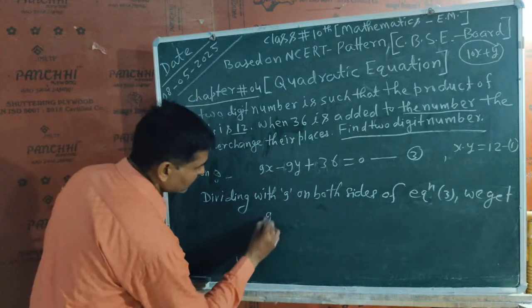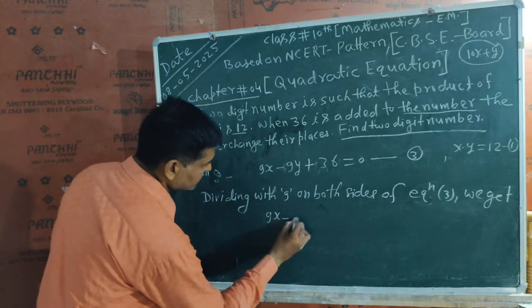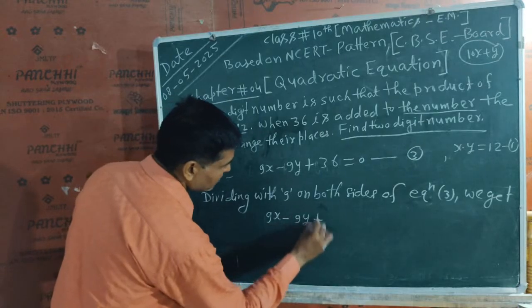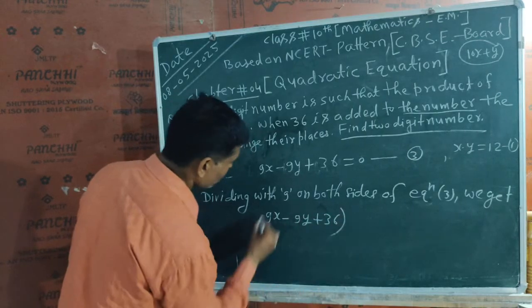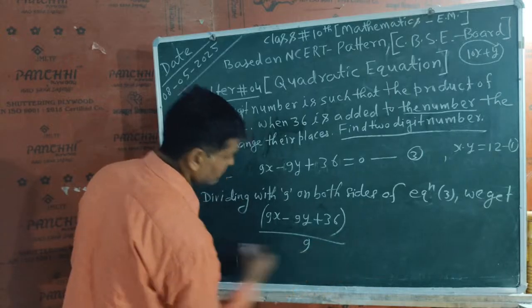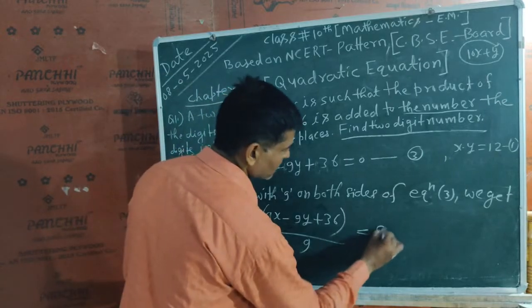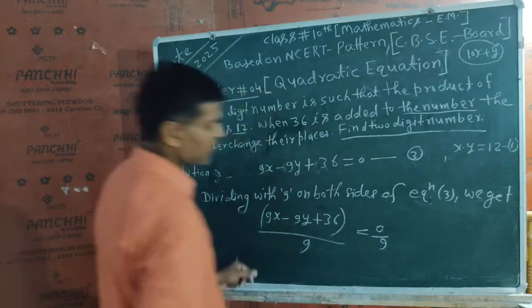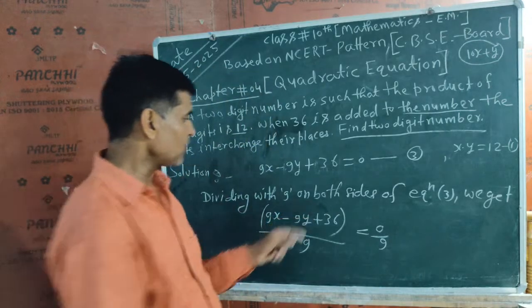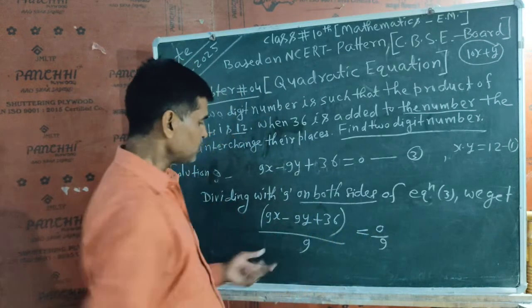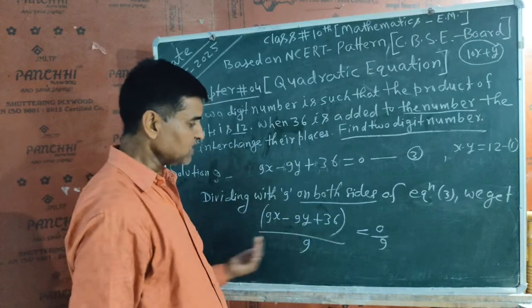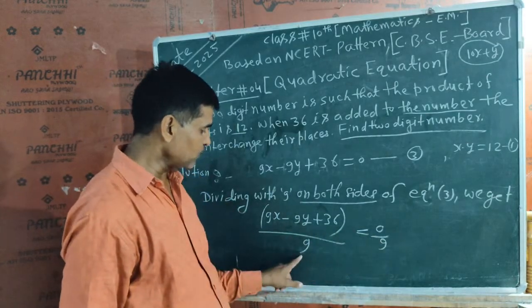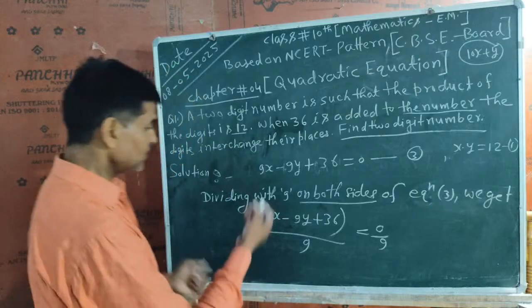It means that we can write like this: 9x minus 9y plus 36 divided by 9, which is equal to 0 divided by 9, because I have written here on both sides. So this is the left hand side and this is the right hand side. I have to divide with 9, so individually I will divide.